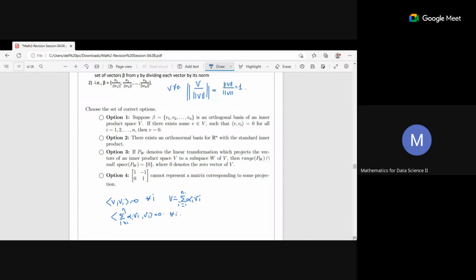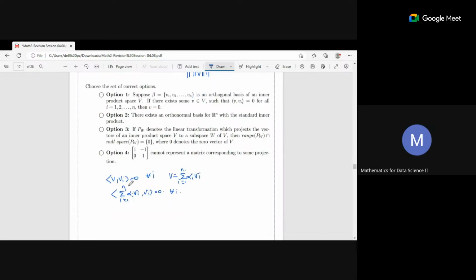Now if this element is orthogonal to all these elements, it means V1, V2, up to Vn, comma v forms an orthogonal set. Is this possible? They are given that this is a basis, so maximum n elements only can be there. Now you are having an n plus 1 element orthogonal set in a space of dimension n. Is this possible? But we are not having n plus 1, right? i is up to n.